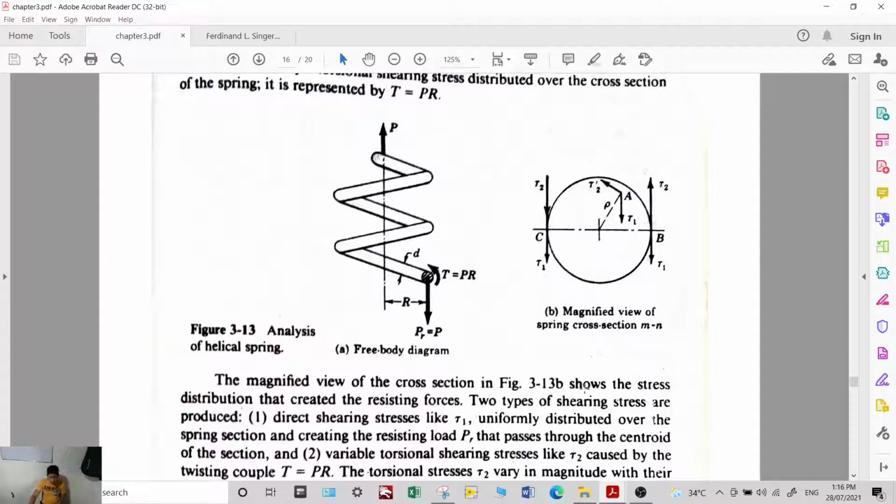This is what we call the variable torsional shearing stress caused by the twisting couple.